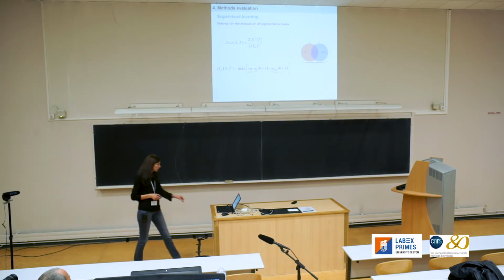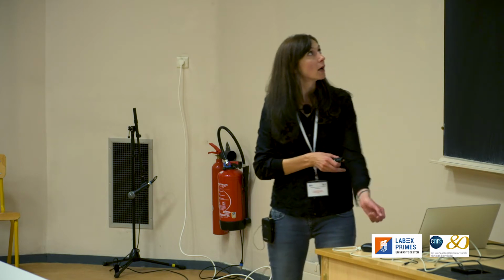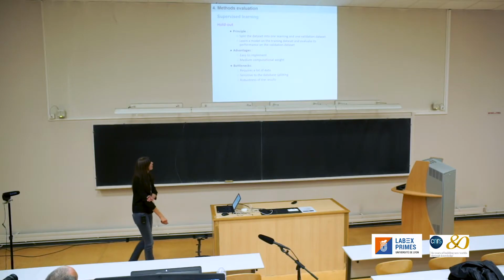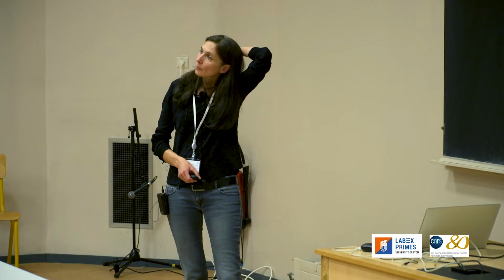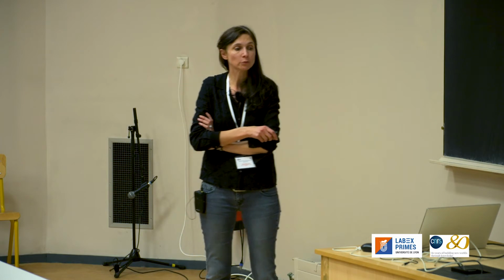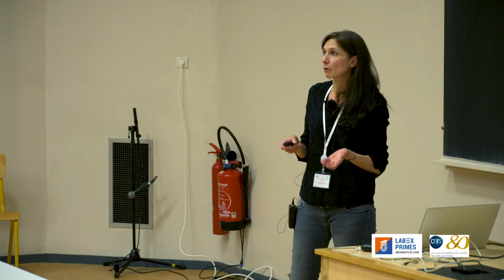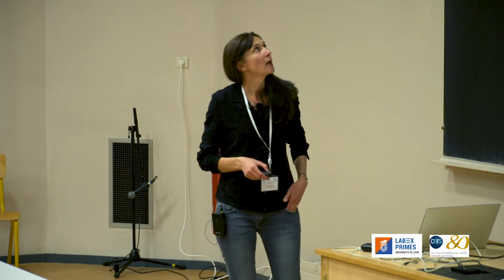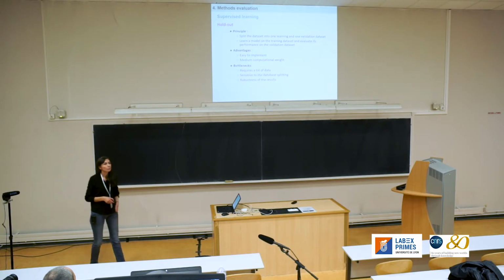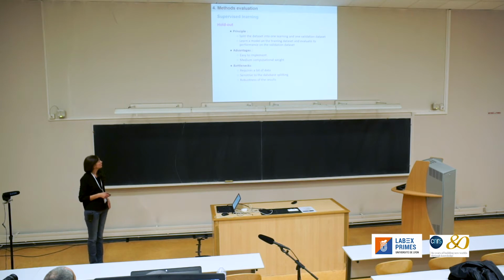So when you have defined what metrics you want to use, the second thing to do is how will I evaluate the performance of my model, considering that I have a limited number of samples. There are different methods of evaluation.